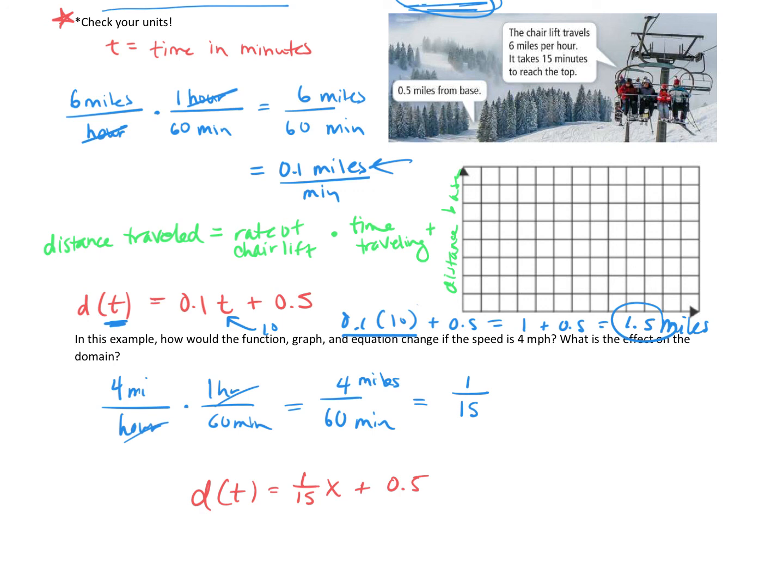I didn't graph the one above, but let's say a slope of 0.1, if you're going 6 miles per hour, might look something like this. If you're only going 4 miles per hour, it's going to be slower, so the slope would be less steep, looking like that. And then how would the domain be affected? The domain would be increased.